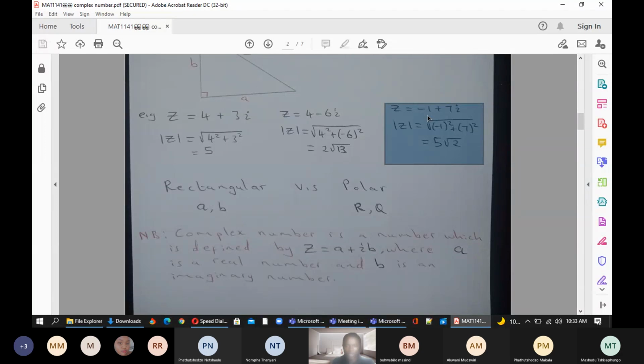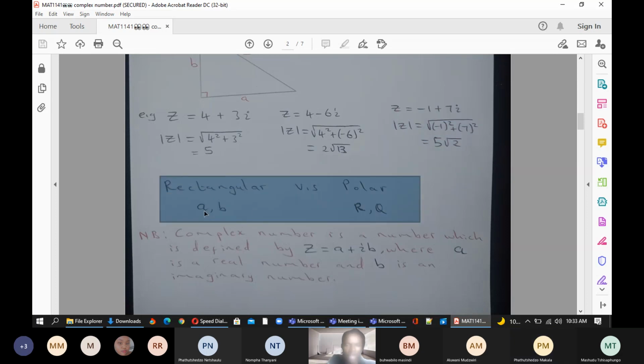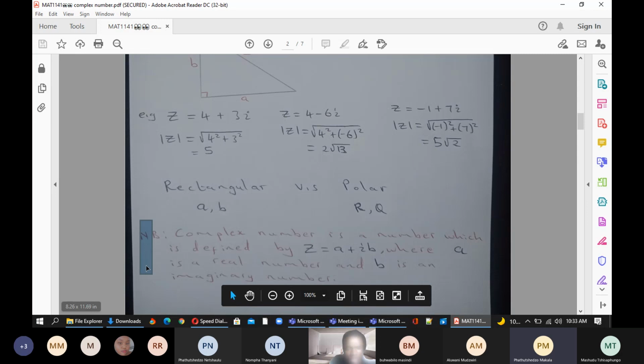So now let's talk about rectangular versus polar. Rectangular is when we are dealing with a and b, but polar is when we're dealing with r and theta. Before I proceed, a complex number, you have to take note. They can ask you this definition on your exam or test.